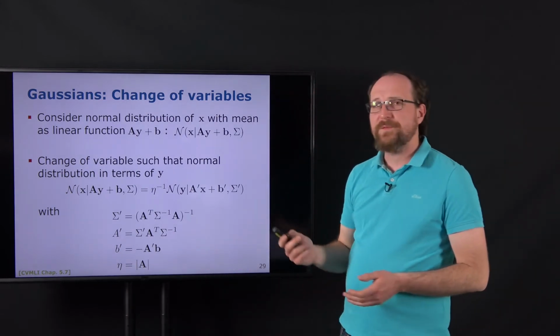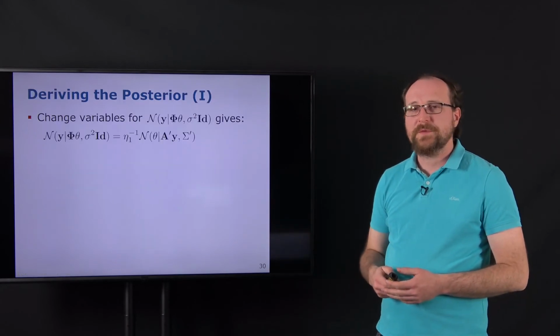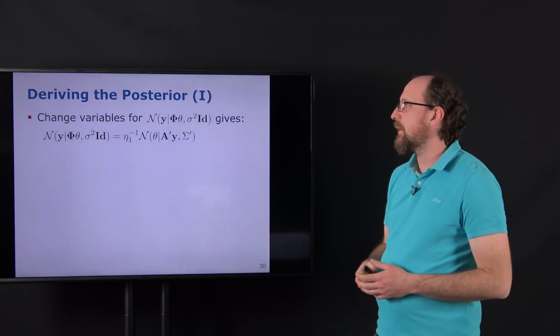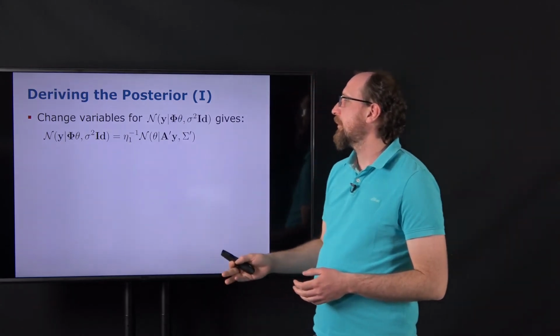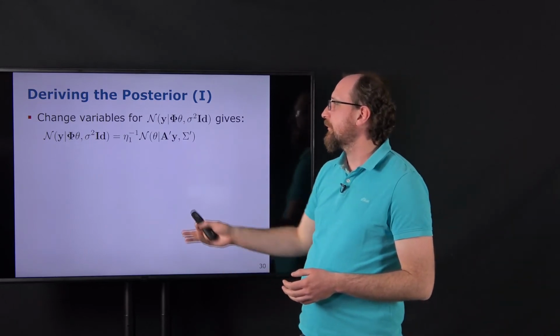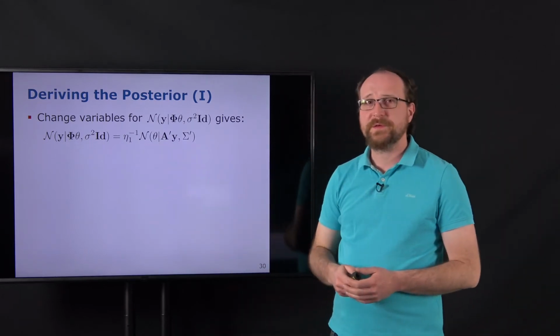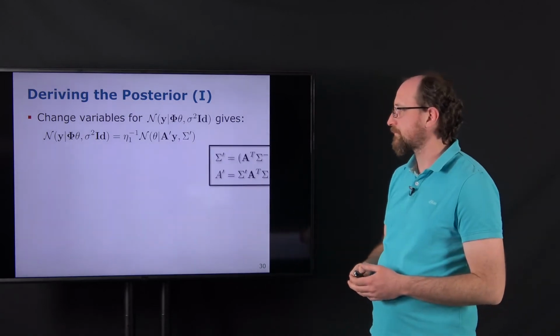When we use this theorem and all the definitions from there, we can rewrite our normal distribution over y in terms of theta. Here I just kept the normalization constants like this, because in the end it will hopefully vanish.